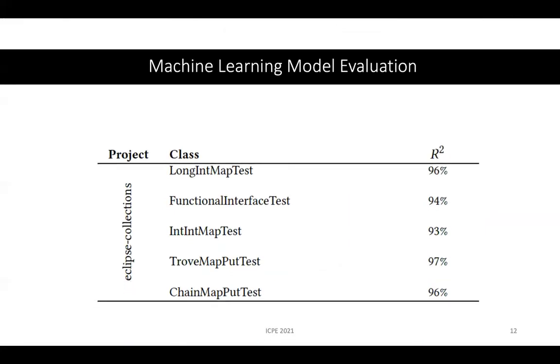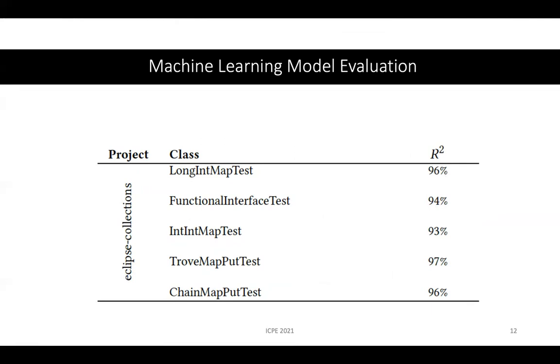When we test the model, the results obtained here are just an example or snapshot from the Eclipse Collections project. As you can see here, we rely on R square in order to evaluate the model.